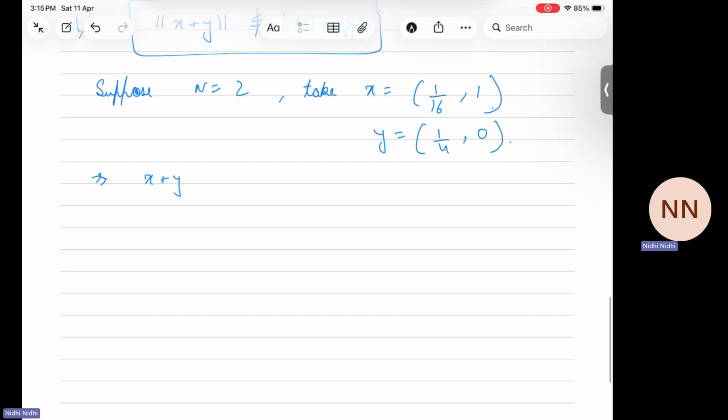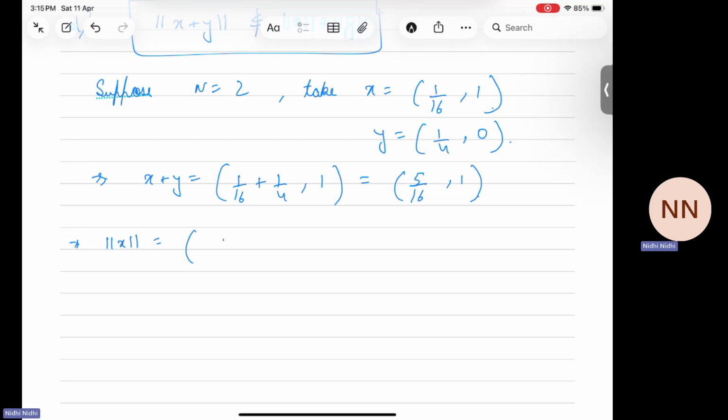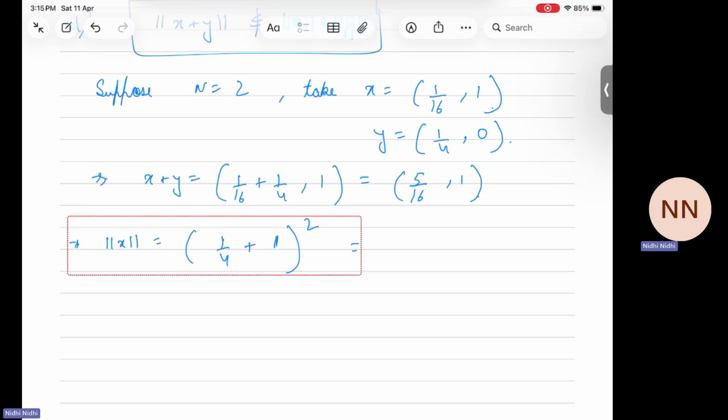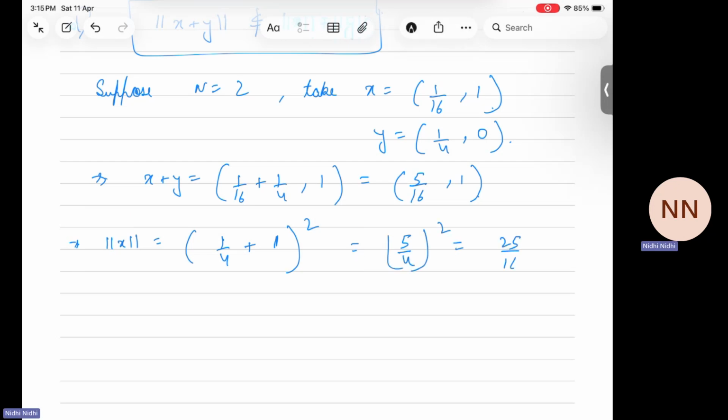That means x plus y will be (1/16 + 1/4, 1), so this is just (5/16, 1). So the value of x by definition is: power half of 1/16 will be 1/4, and power half of 1 will be 1, whole square. So this is just (5/4) whole square, or this is 25/16.